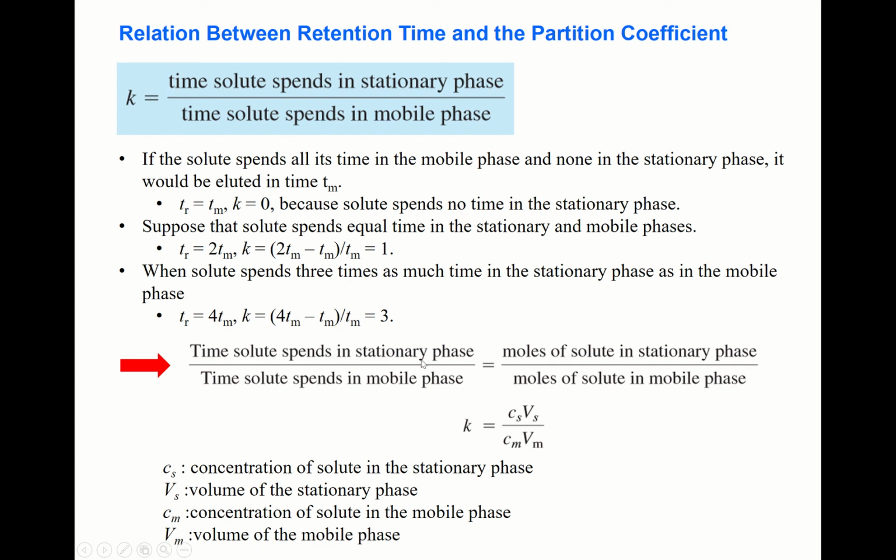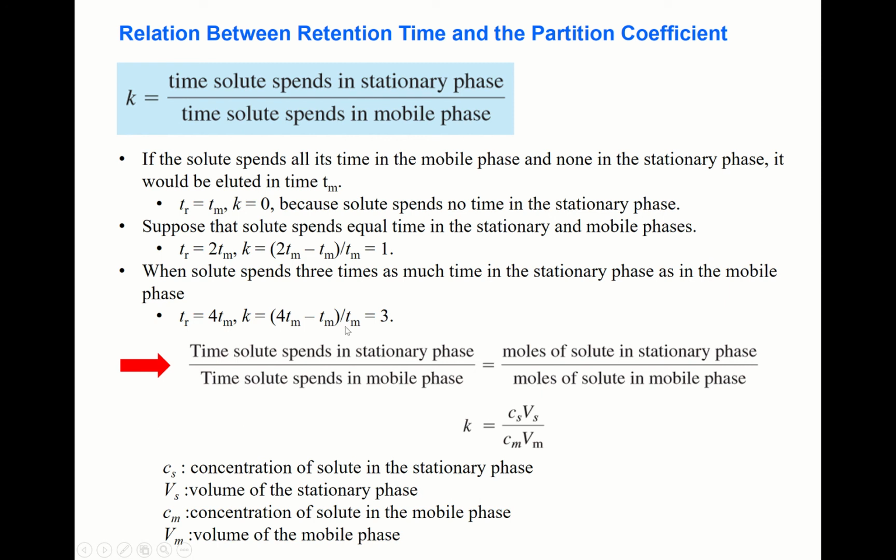From these considerations we can write this equation here. This definition is k. This ratio equals moles of solute in the stationary phase divided by moles of solute in the mobile phase. You understand?